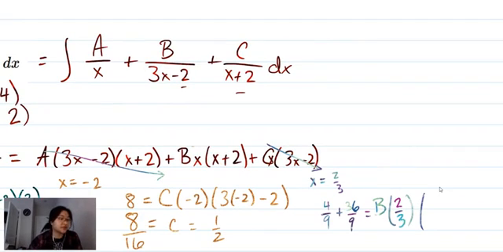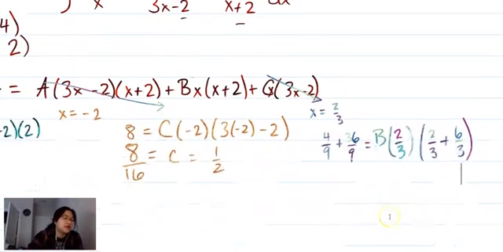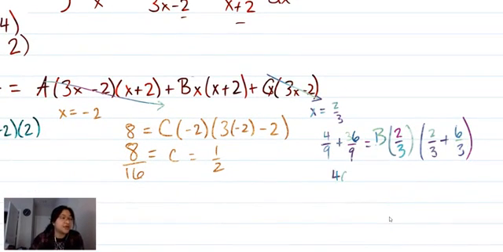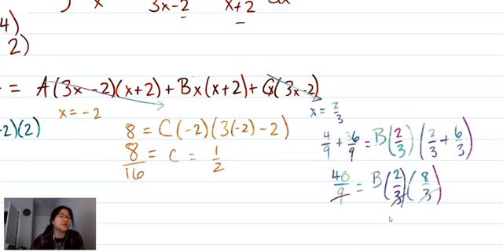times x plus 2, which is 2/3 plus 6/3, which is 2. And then we have 40 over 9 equals B times 2/3, and what is that? It's 8/3. Our denominators all go away, which is nice, so we end up with 40 over 16 equals B, which is 10 over 4, which is 5 over 2.